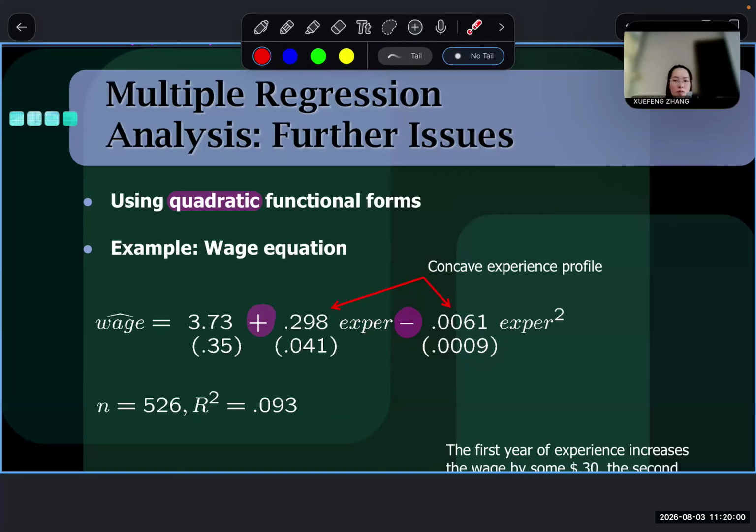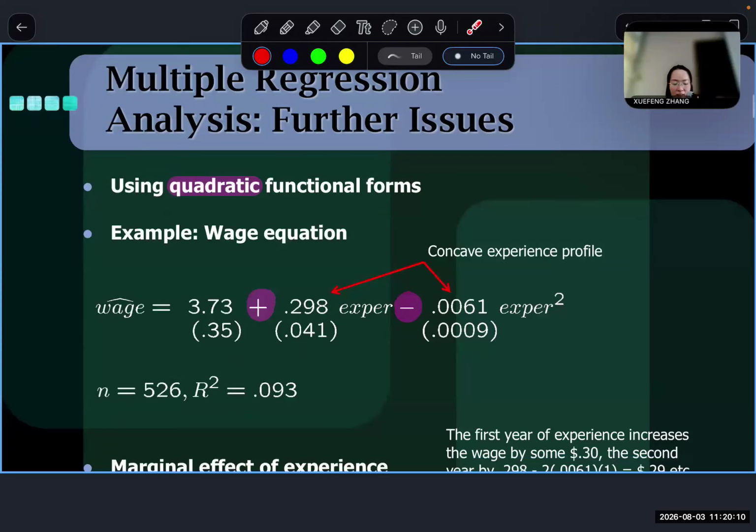Makes sense, right? Your first year of work teaches you a lot. How about your 20th year? Not much new. So when you look at this output, what is the question? The question is, what's the effect of one more year of experience on wage?